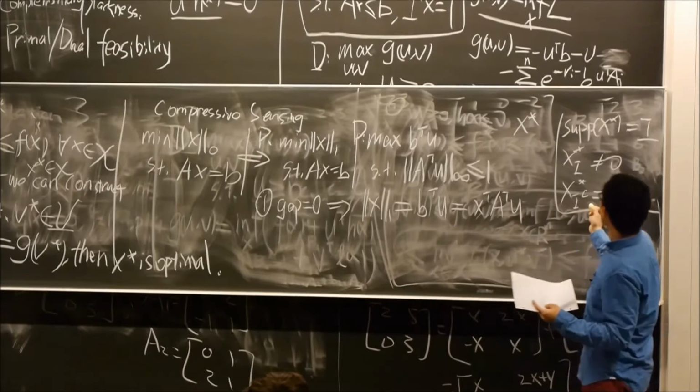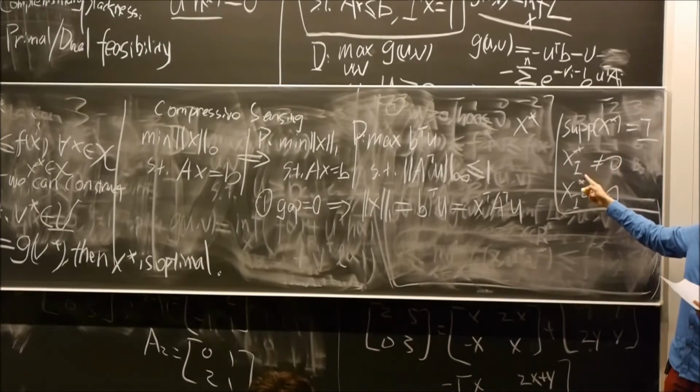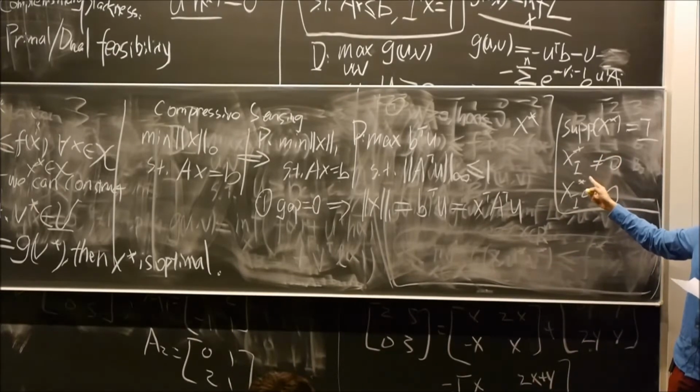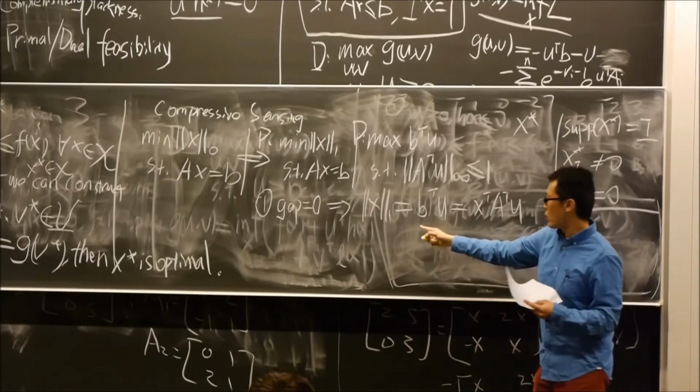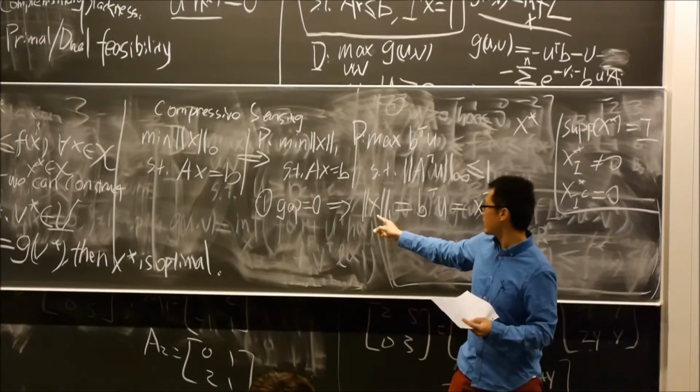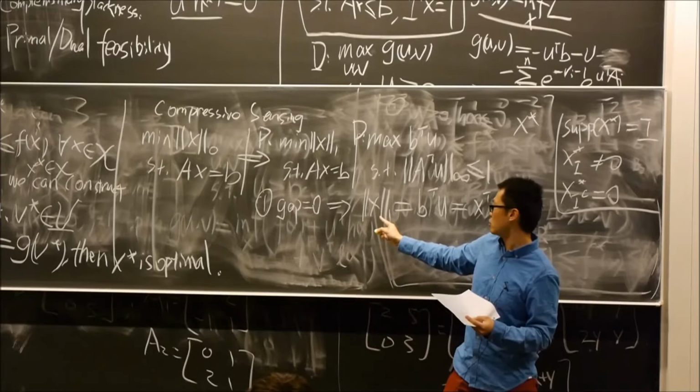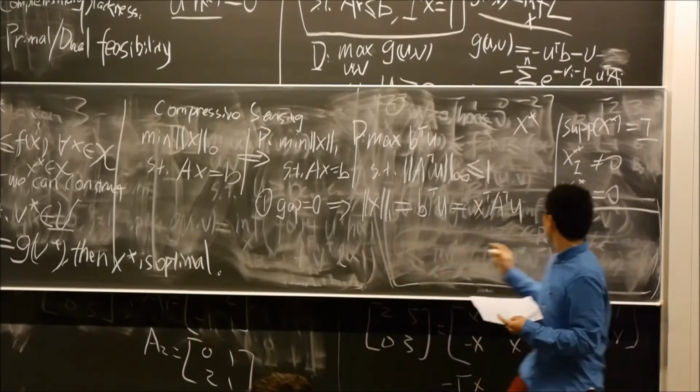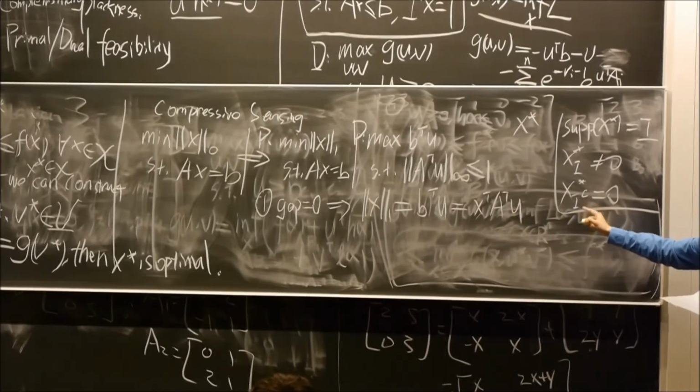And because we know that x is only supported on the indices set I, and everything else is 0, the 1 norm does not have any contributions from the set I complement.